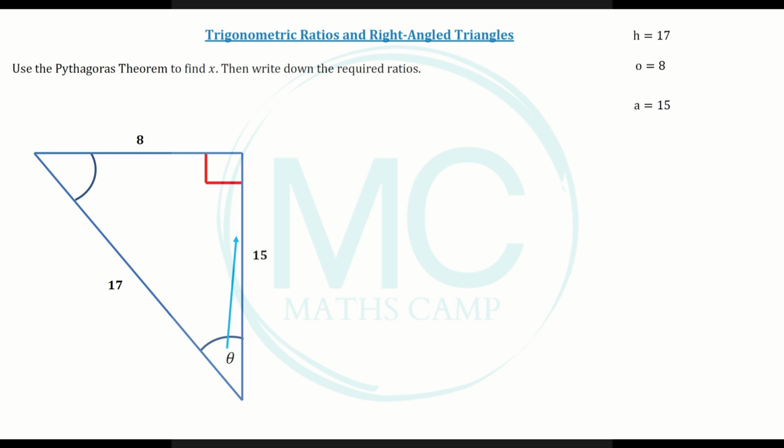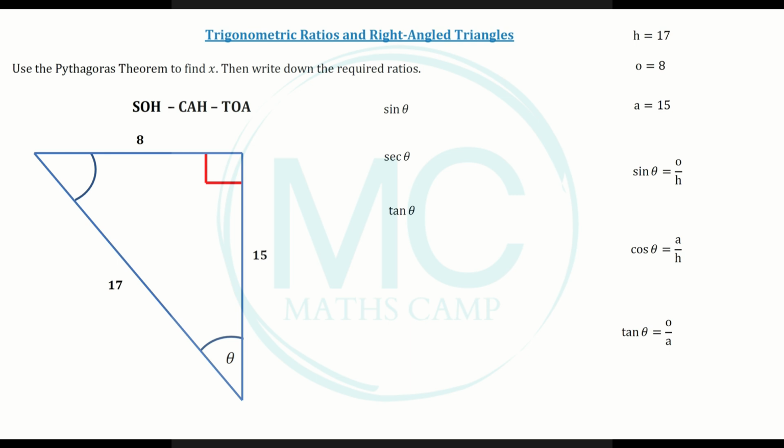Now we have a value for the hypotenuse, the opposite and adjacent sides, and now we can write down the 3 ratios we need to find. The phrase SOHCAHTOA helps us to remember that sine theta is equal to the opposite over the hypotenuse, cos theta is equal to the adjacent over the hypotenuse, and tan theta is equal to the opposite over the adjacent side.